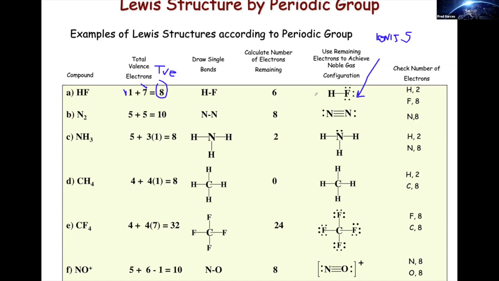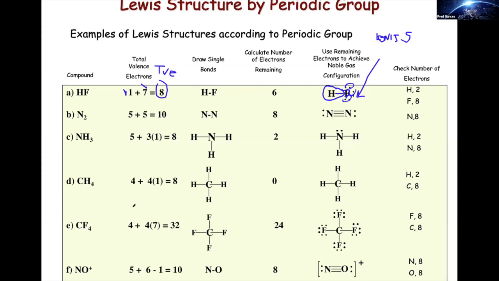There are 6 remaining electrons. We put those on fluorine because fluorine needs to satisfy the octet. There's 2 here, 2 here, 2 here, 2 here. That's a total of 8. Hydrogen is satisfied with a duet, and the shared electrons between the fluorine and the hydrogen are also counted on the hydrogen side. So that's basically 2.